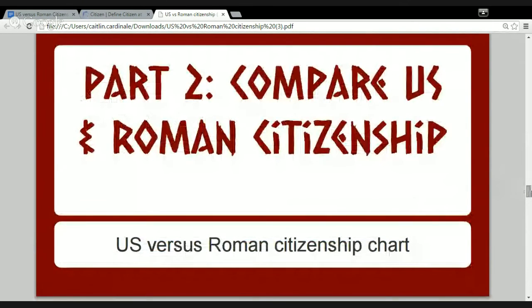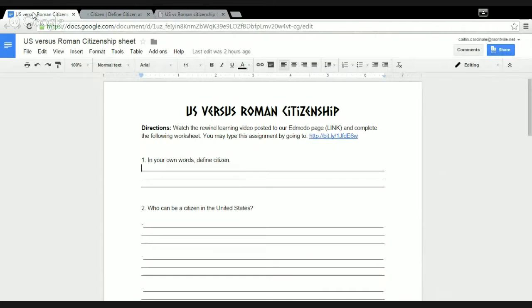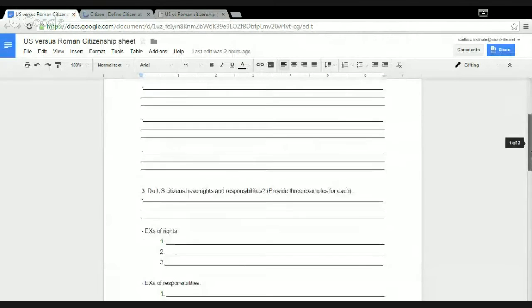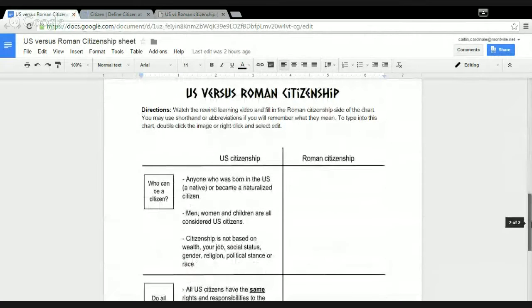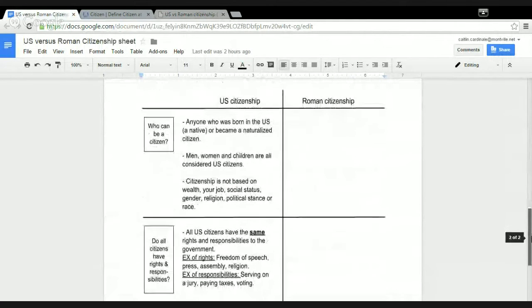Now that we've reviewed and outlined who citizens are and their roles and responsibilities in the United States, for part 2, when we look at our comparison chart, we're going to have to access some information from 6th grade. Now, let's look at your sheet. Your chart looks just like this one here. You'll see that we have 2 main focuses.